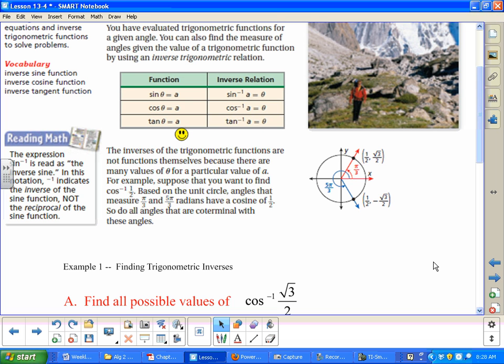So there are two x values with the same y value, so they can't be inverses. Suppose you want to find the inverse cosine of 1/2. Looking at the unit circle, the answer could be pi/3, or it could be 5 pi/3. Both of those are options.